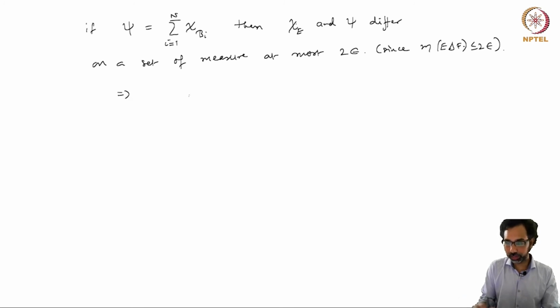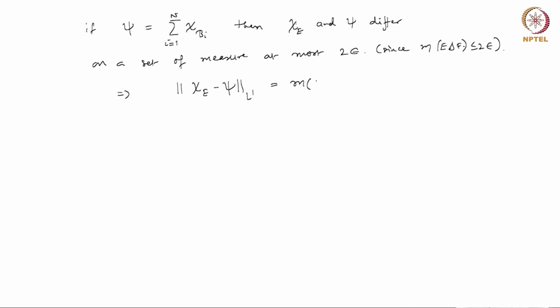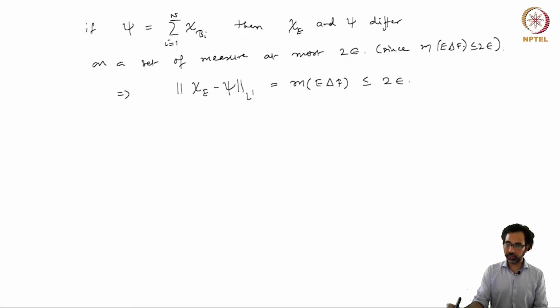So this means that the L1 norm of chi E minus C, which by definition, this being a simple function, is equal to the measure of the symmetric difference of E and F, and this is less than or equal to 2 epsilon.